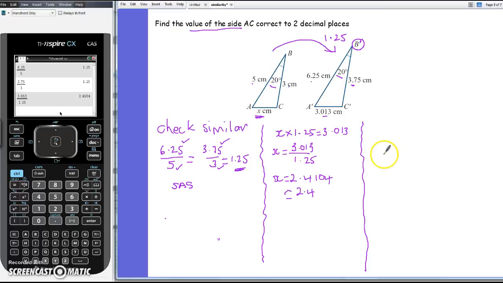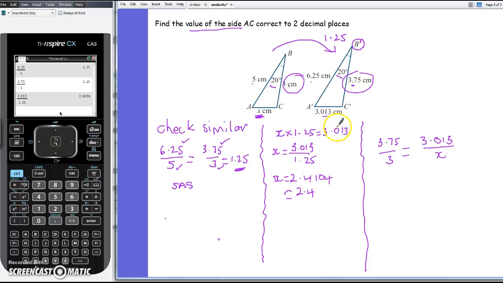So what I mean by that is that 3.75 divided by 3, so this pair here, should be in the same ratio as 3.013 over our unknown of x. So I've just chosen two sides to pair up there.